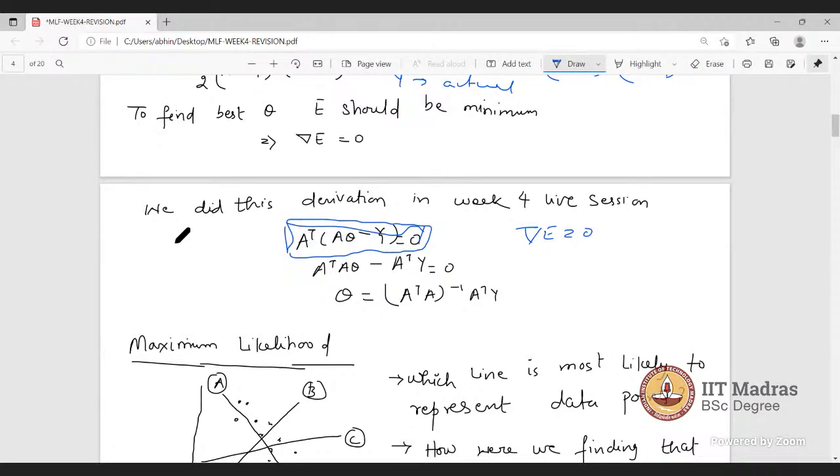In week 3 you were asking how this A transpose comes about. It comes from this equation when you take del E equal to 0. Then from this equation, we can find theta as (A transpose A) inverse A transpose Y. If you were present in the week 4 live sessions, you will know the derivations.